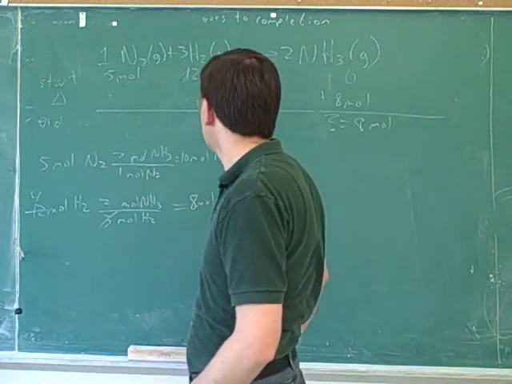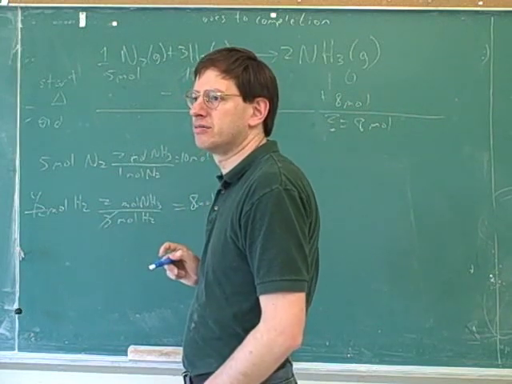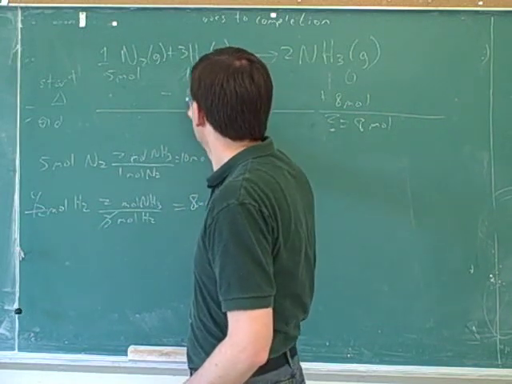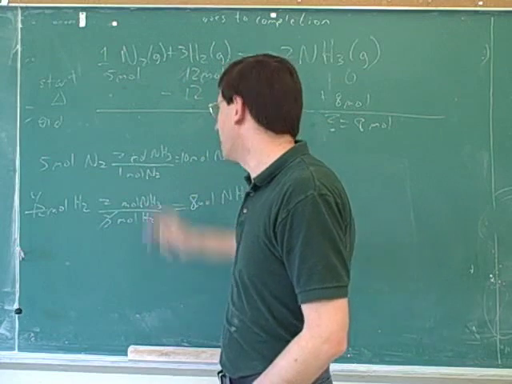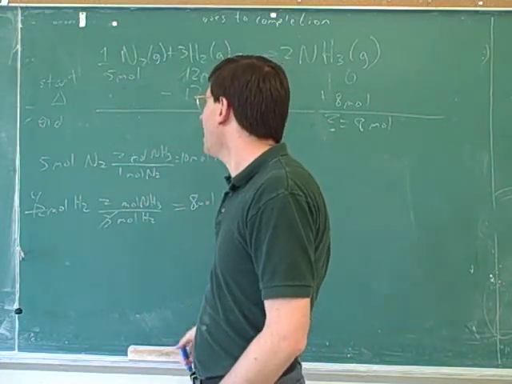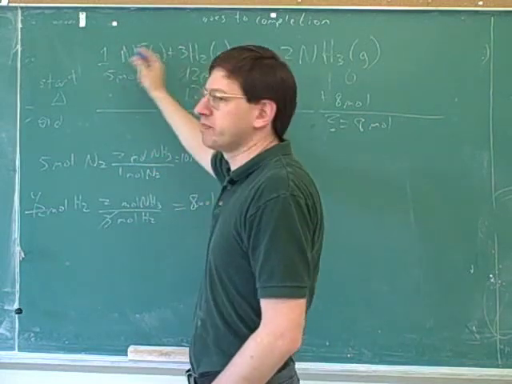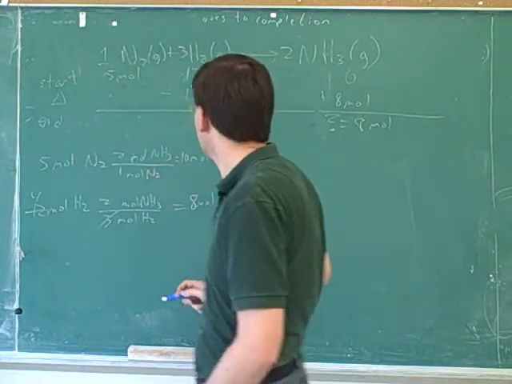Since this is the limiting reagent, what's going to be the change in the hydrogen? Minus everything? Yeah. Minus. This is what we're going to run out of, so we're going to use up all of it. And then you went on now to figure out how much nitrogen we were going to use. Now is the time when maybe you might want to convert between these two things, but not at the beginning.